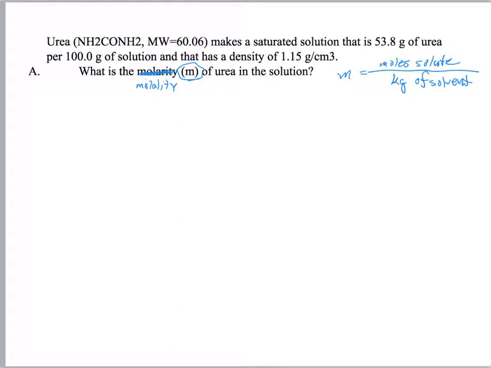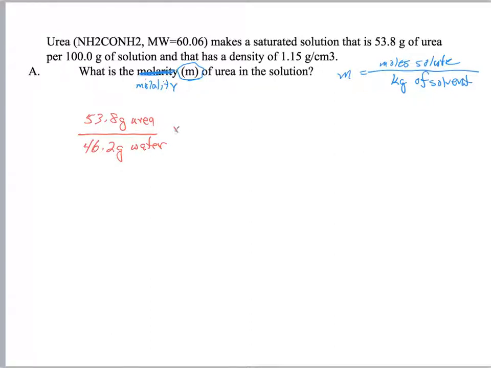So if we start this out, we have a solution that we found out had 53.8 grams of urea per 100 grams of solution, but that also meant that we had 46.2 grams of water, where water is our solvent.